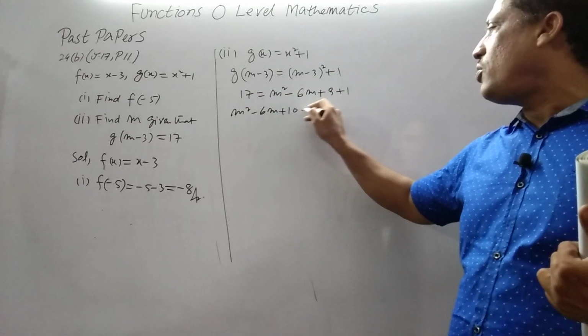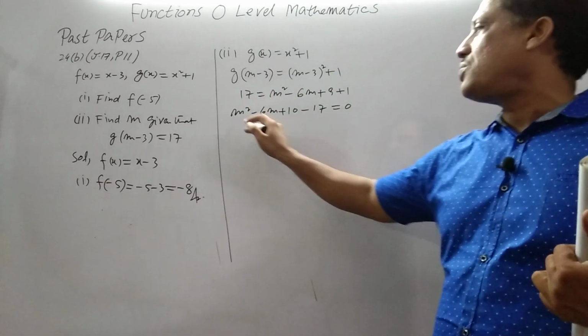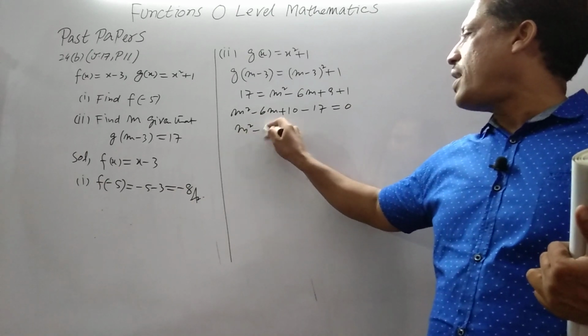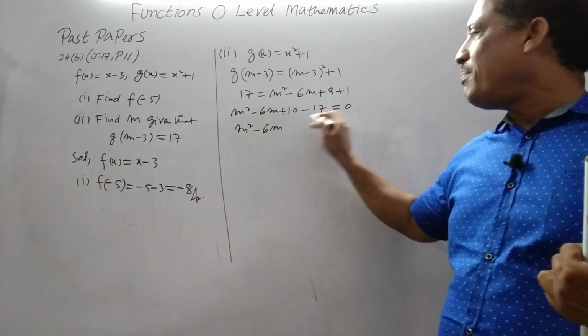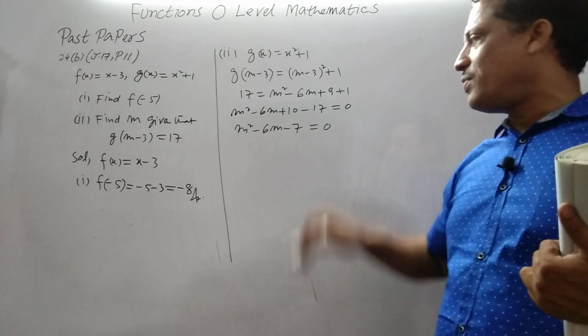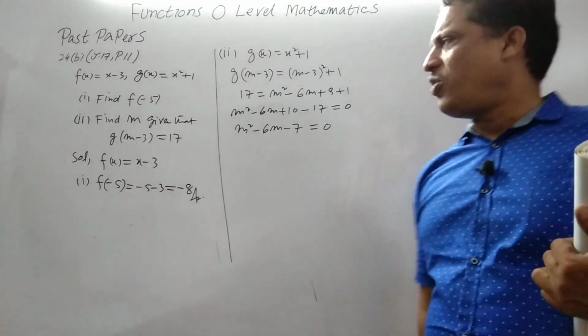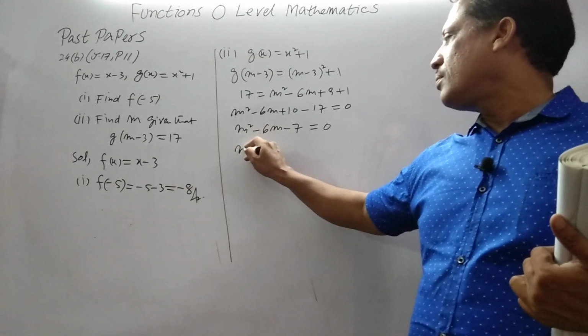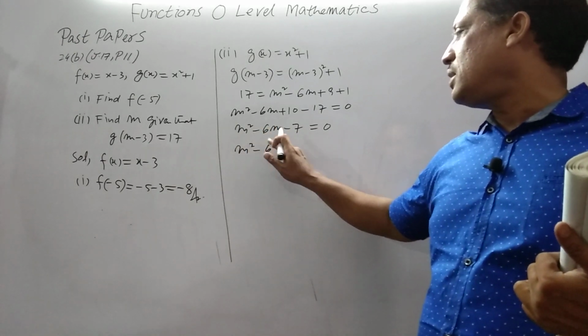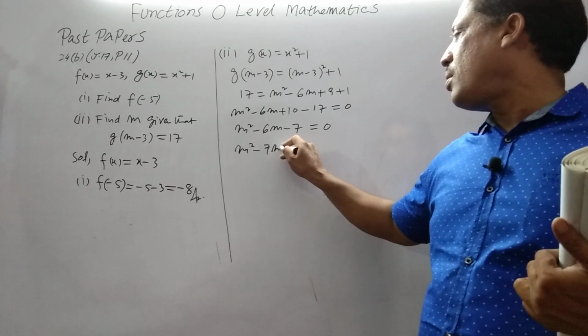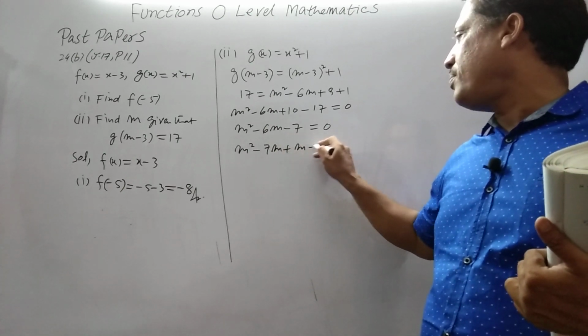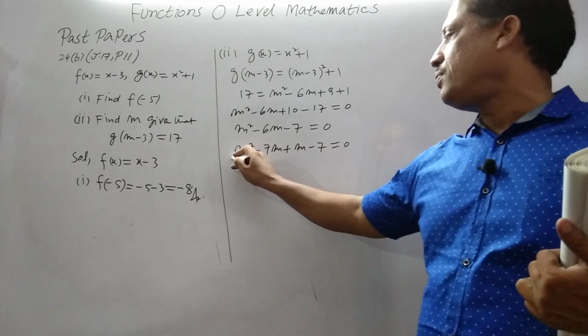Move this 17 to the other side, minus 17 is equal to 0. m square minus 6m, 10 minus 17 is minus 7, equal to 0. Now apply the method of factorization or the quadratic formula, whatever you want. m square minus 7m plus 1m minus 7 is equal to 0.